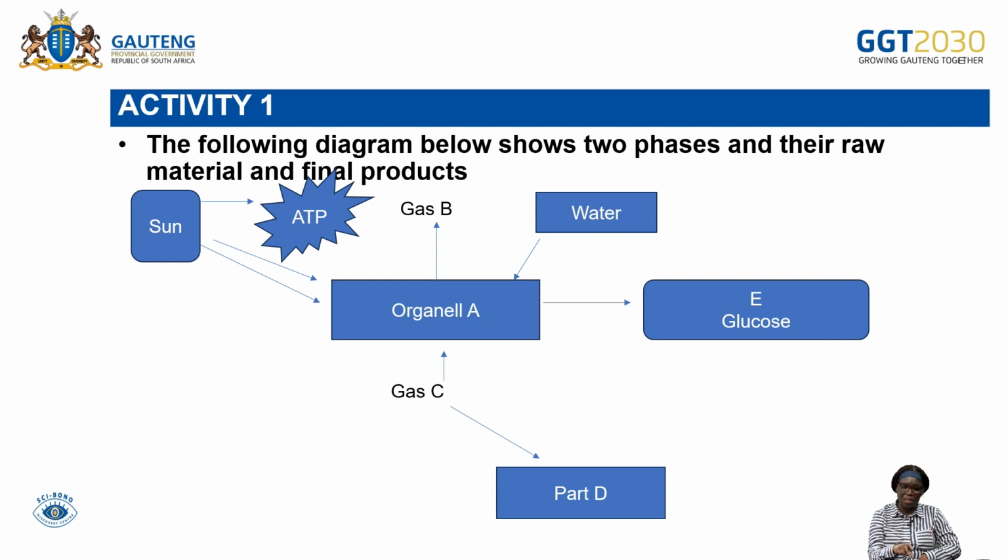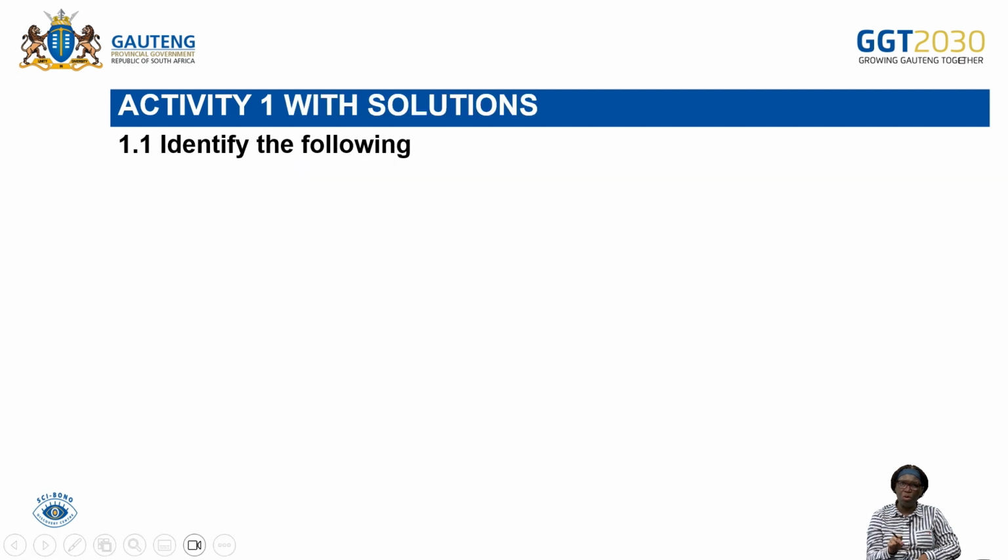Is the oxygen. And then we see a water molecule coming in, and then in C, the gas at C will enter part D. What is part D? Part D is the stroma. And then we have glucose. Where do we find the glucose? The glucose will be stored in the starch granule.